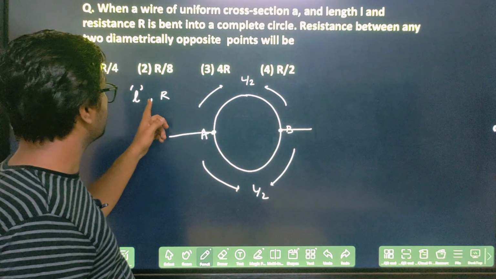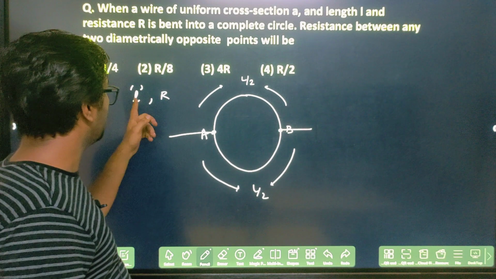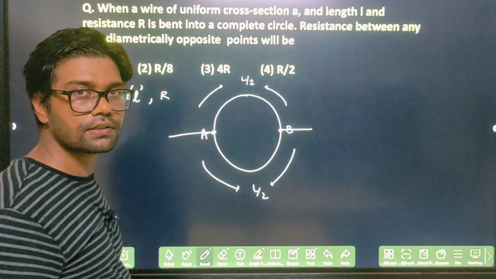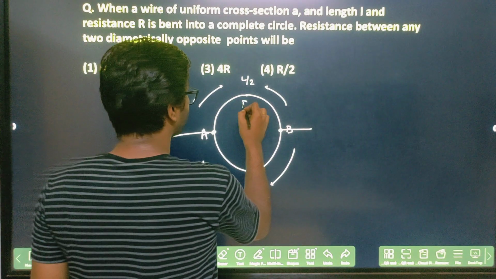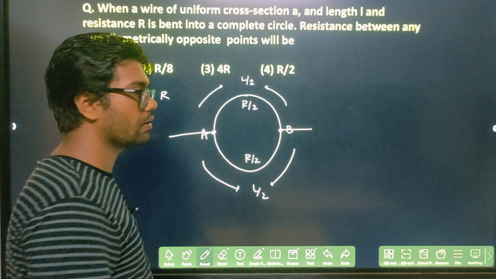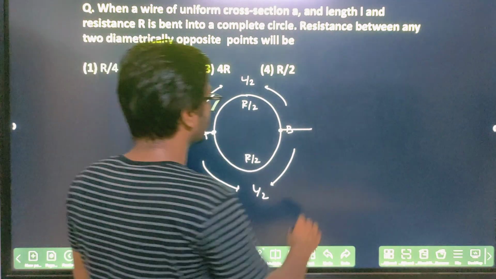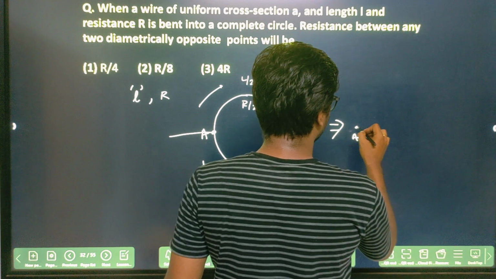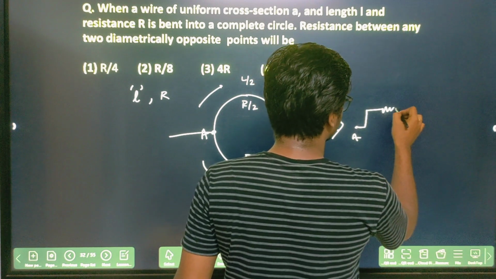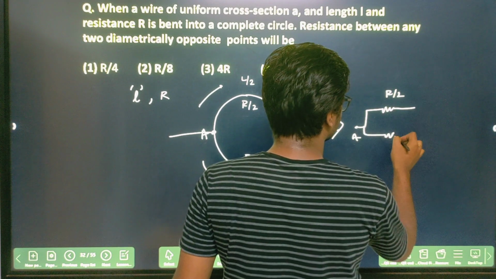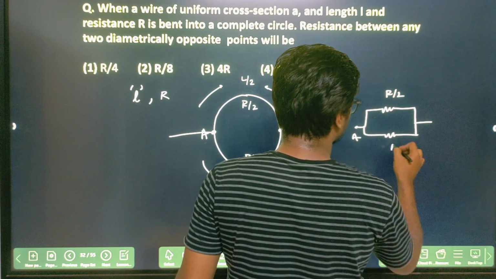For R resistance the length is L, so for L by 2 the resistance will be R by 2. This we have seen initially, right? And this is also R by 2. So you can make the connection like this. This is your point A, and from point A there is a resistance R by 2, and here another resistance R by 2.